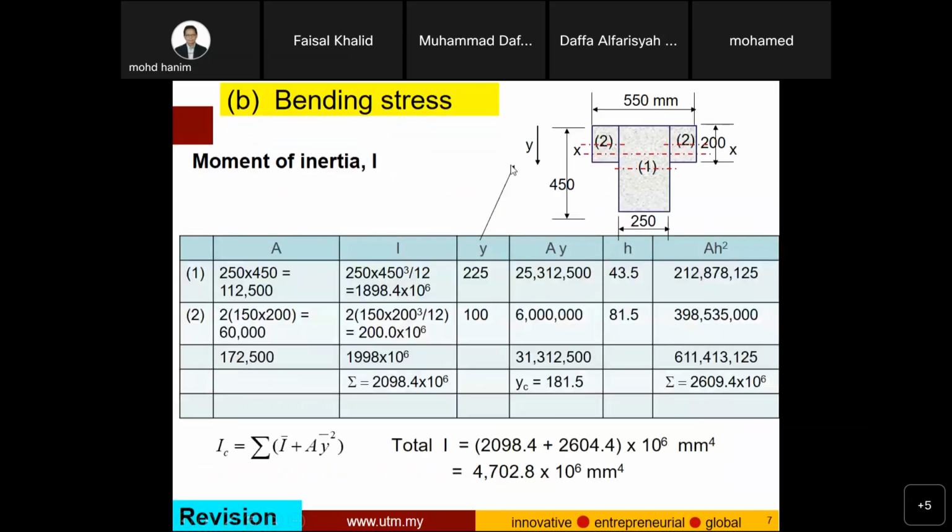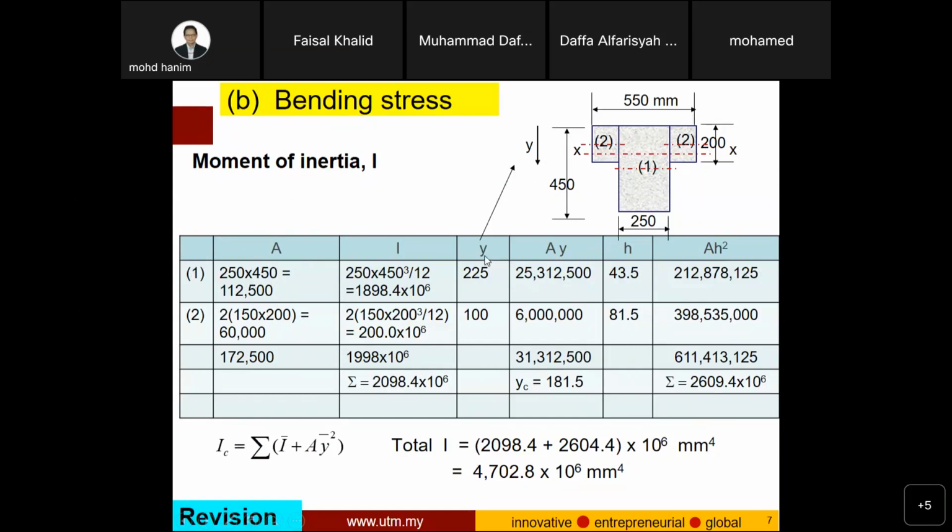Yes, this is I. In this case, how many segments do we have? 1, 2 only, not many. So it is easier for you to make a table for each segment.